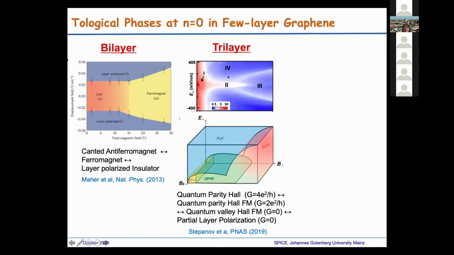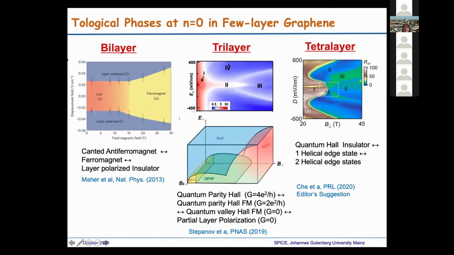So in this case, we have symmetry protected topological phases, phases 1 and 2, where phase 1 has 2 pairs of counterpropagating edge states, and phase 2 has 1 pair of counterpropagating edge states.